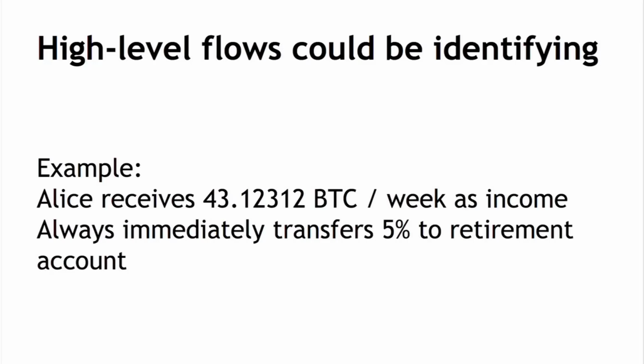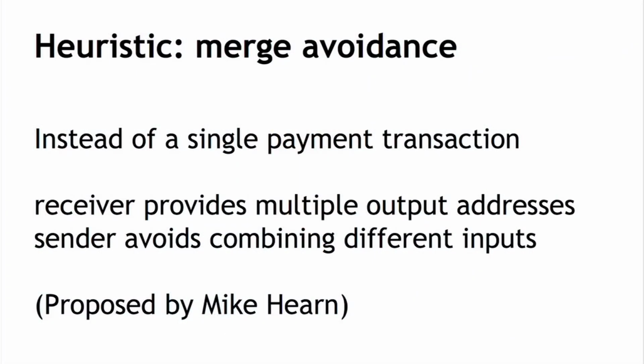Well, one suggestion that has been proposed is not only in the context of mixing, but even in the context of regular Bitcoin wallets where users are not even trying to do any mixing, is by Mike Hearn, and he calls this merge avoidance. Merge avoidance is a very simple idea.